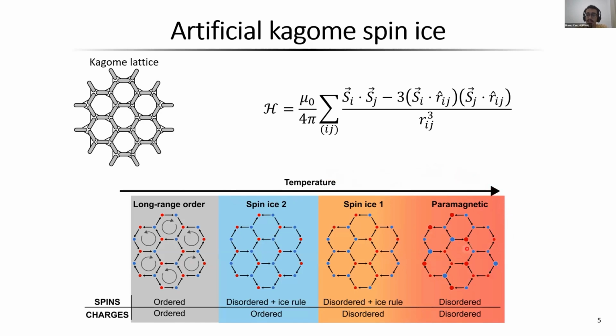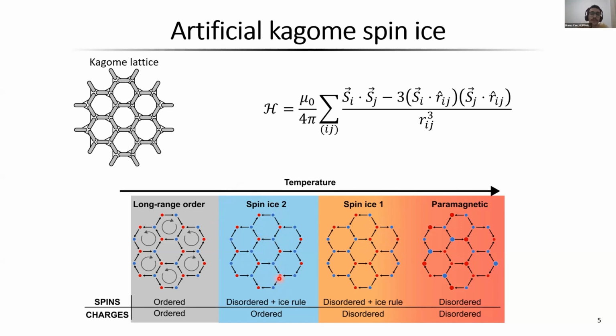A high temperature paramagnet with completely disordered states; the so-called spin-ice 1 phase, where it is still disordered but has short range order, where each vertex obeys the so-called ice rules; and a spin-ice 2 phase, where in addition to the ice rules, the vertex charges order, and so they crystallize, but the spins can still fluctuate.